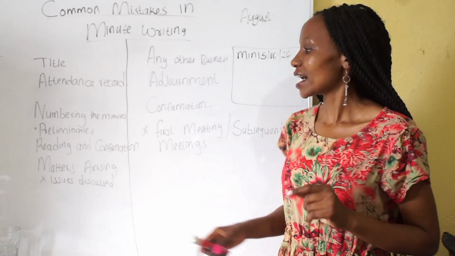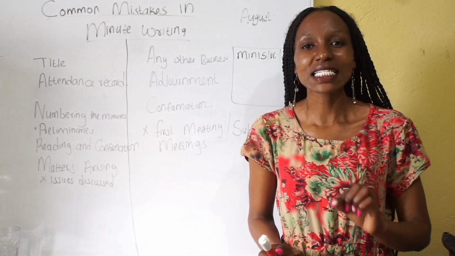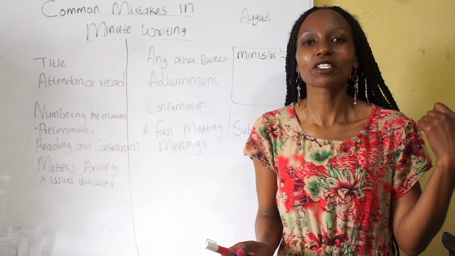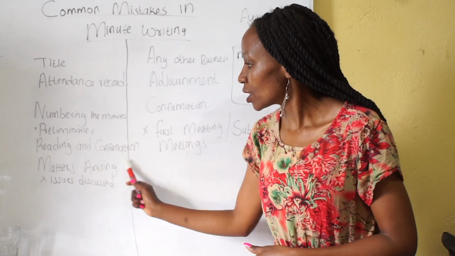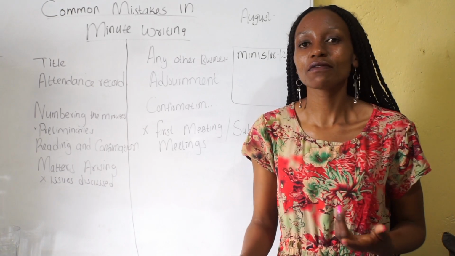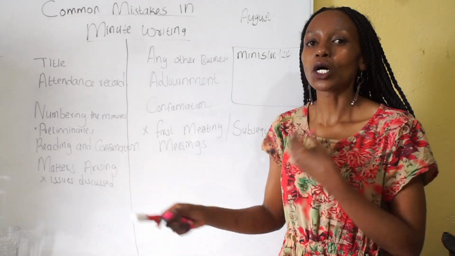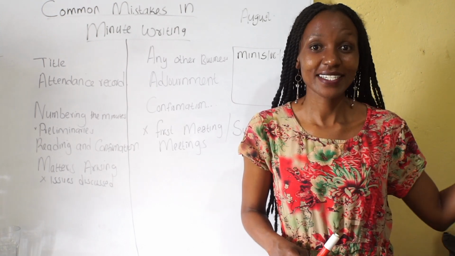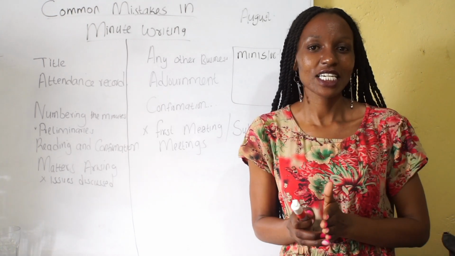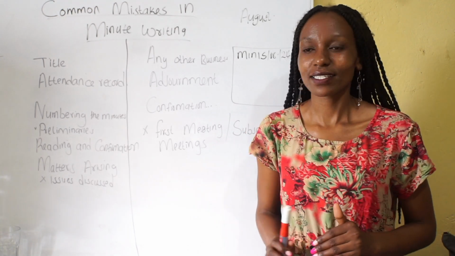And to add on that, you are supposed to quote the minute number of the meeting that we are referring to. And make sure you solve the issue now. Don't leave it pending because it was not solved in the last meeting. So in this meeting, we purpose to solve it.